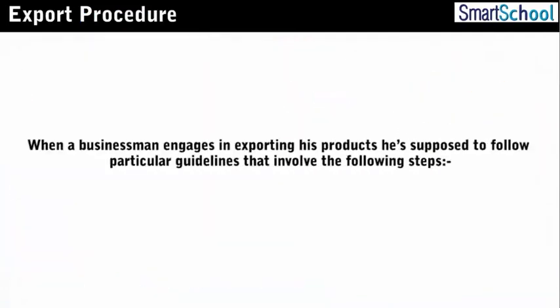When a businessman engages in exporting his products, he is supposed to follow particular guidelines that involve the following steps.